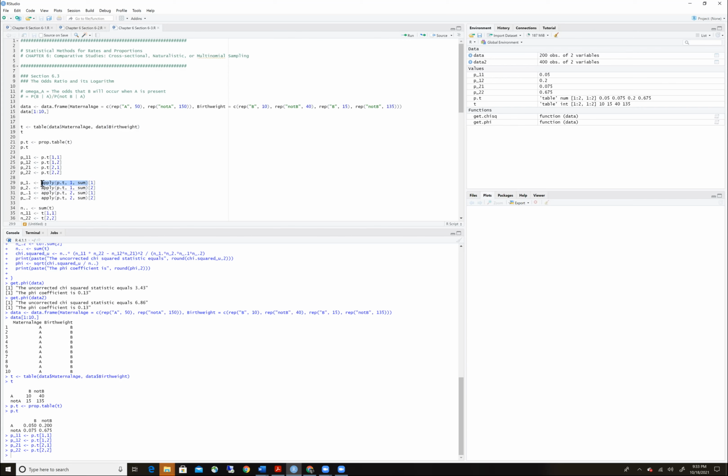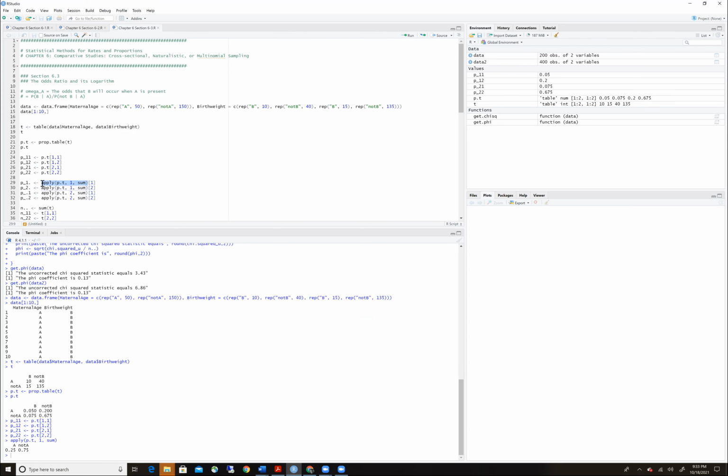So if I just run the apply function, I get 25% and 75%, but P1 dot we know is the 25%. So I'm just picking off the first element, and P2 dot is the second element.